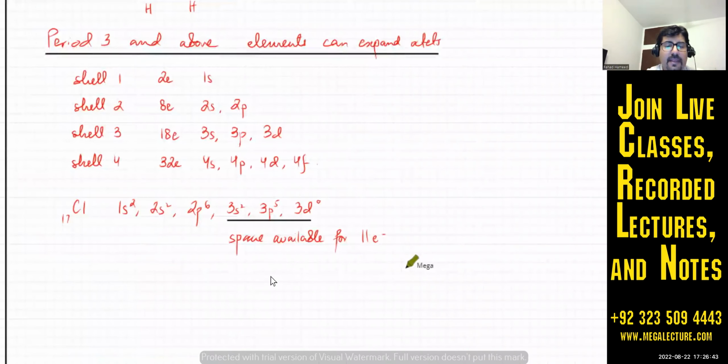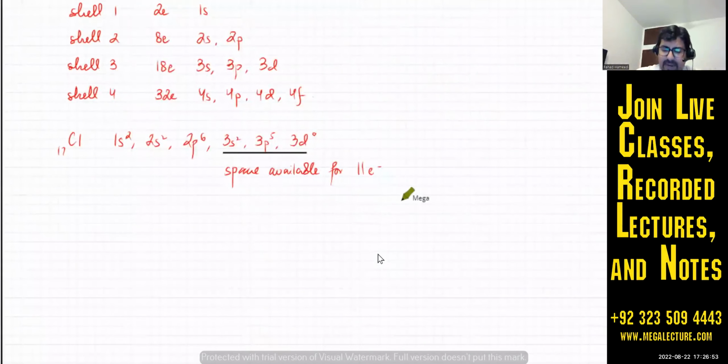So if it's got space available for 11 electrons, that does not mean that it's going to gain 11 electrons. Because remember, it's pretty hard to actually gain electrons because you have to gain them from another atom. So it's very hard to gain electrons in the first place.